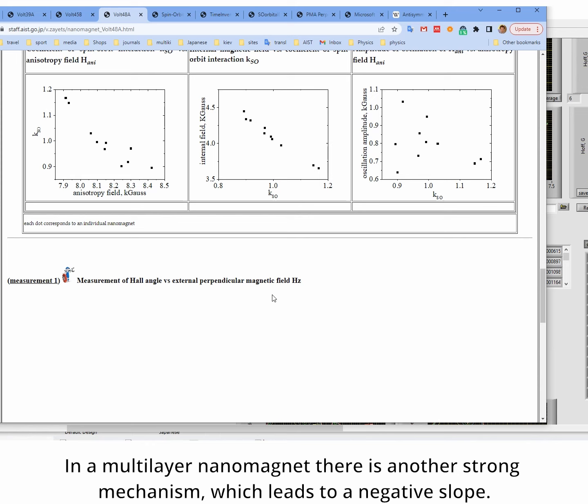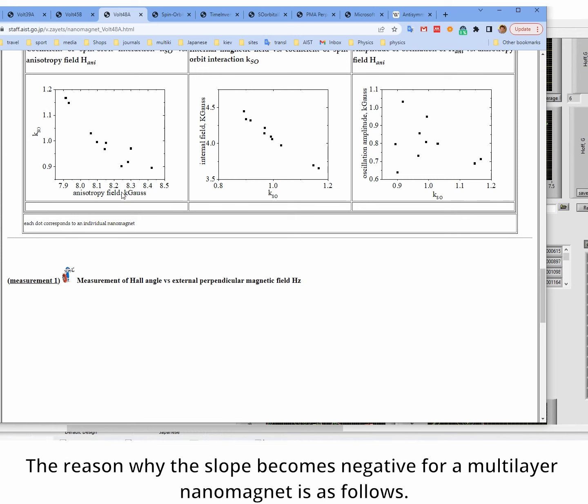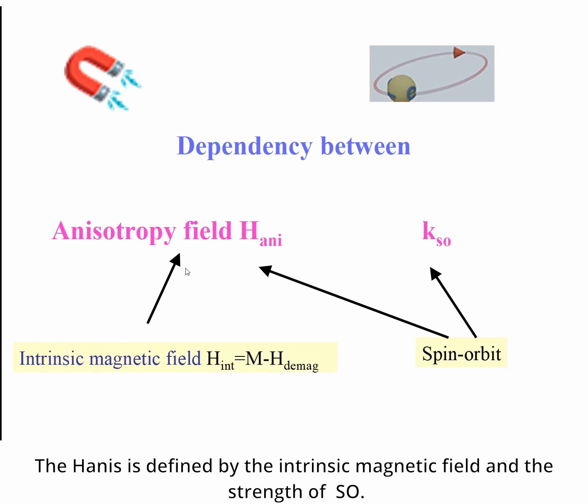In a multilayer nanomagnet, there is another strong mechanism which leads to negative slope. The reason why this slope becomes negative for multilayer nanomagnet is as follows. The anisotropic field is defined by intrinsic magnetic field and the strength of spin-orbit interaction.